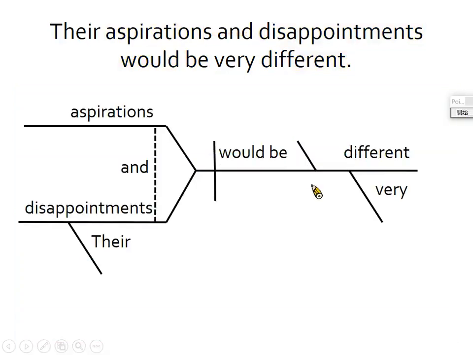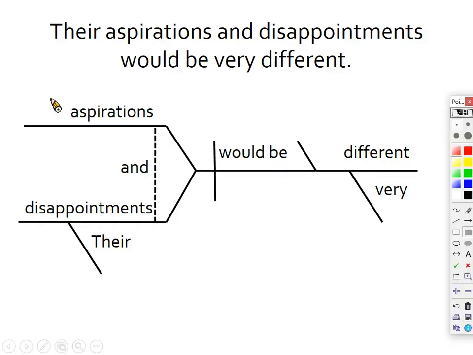And the next is about the way you draw it, right? So this is aspirations and disappointments. And "their" is used to modify disappointments and aspirations, right? And "will be" is the verb, different. And "very" is used to modify different.